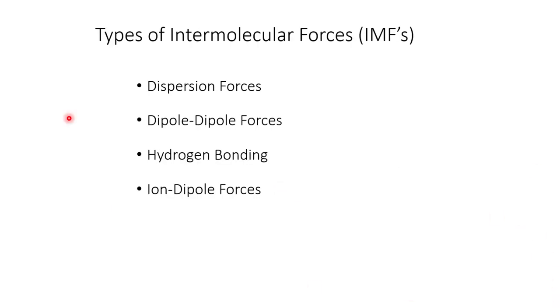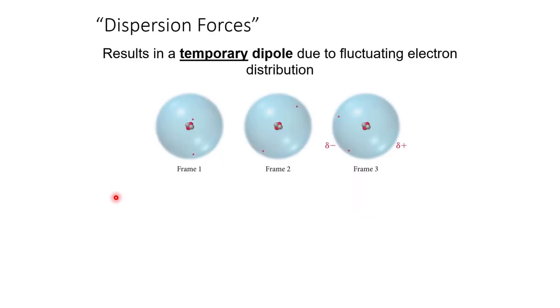So we're going to talk now about the different types of intermolecular forces, where we'll cover dispersion forces, dipole-dipole forces, hydrogen bonding, and ion-dipole forces. These are presented from weakest to strongest. So our dispersion forces are the weakest of these, and our ion-dipole are the strongest.